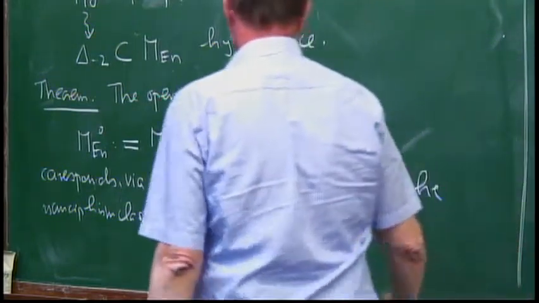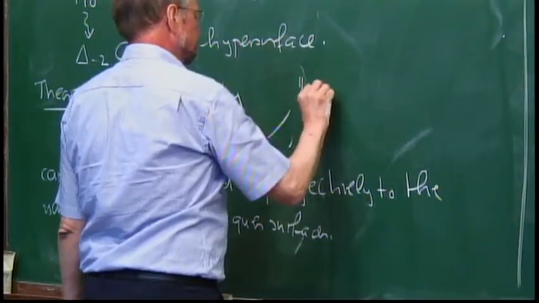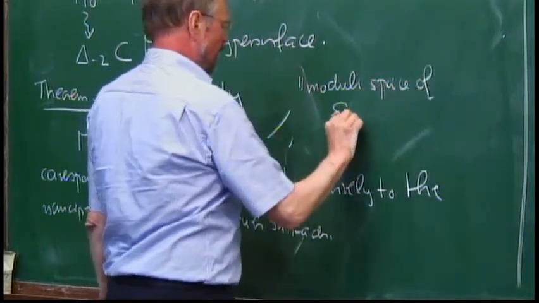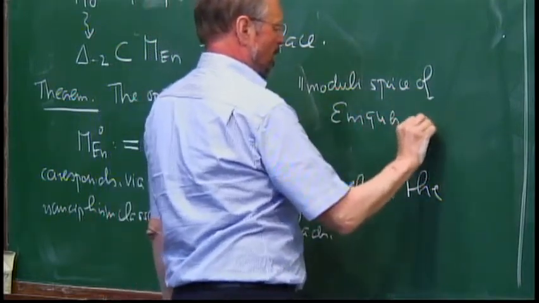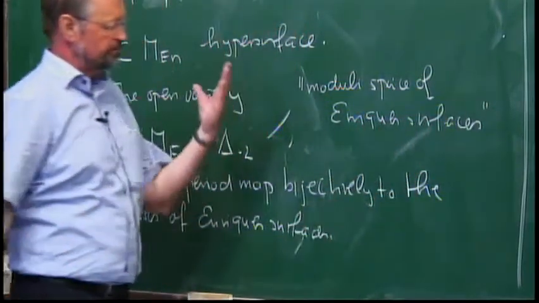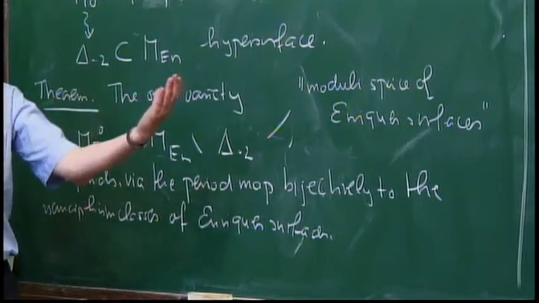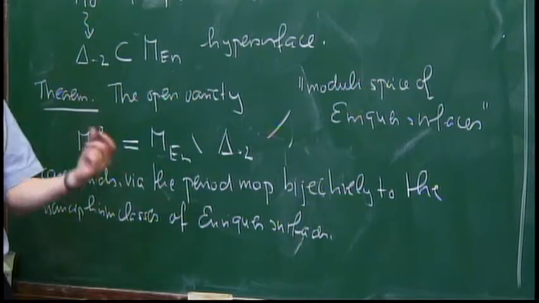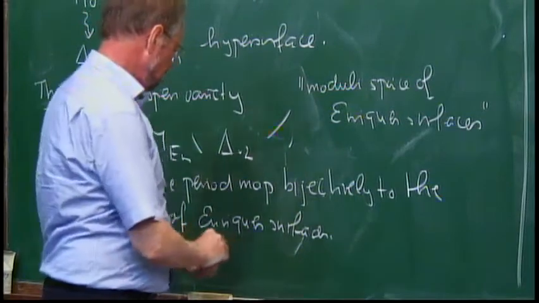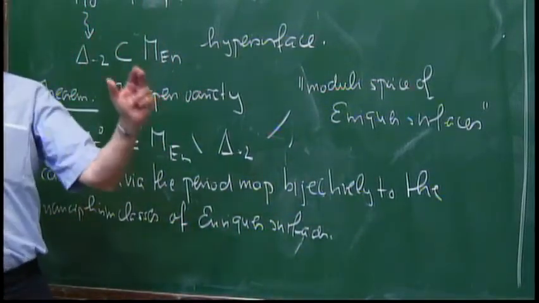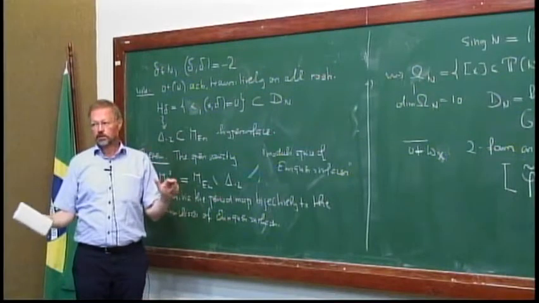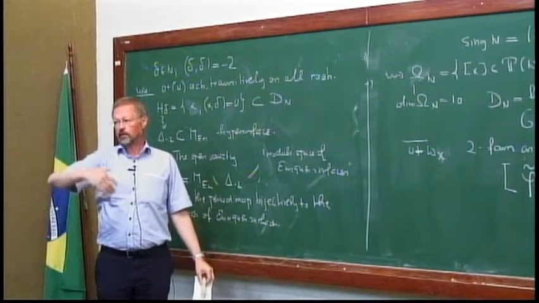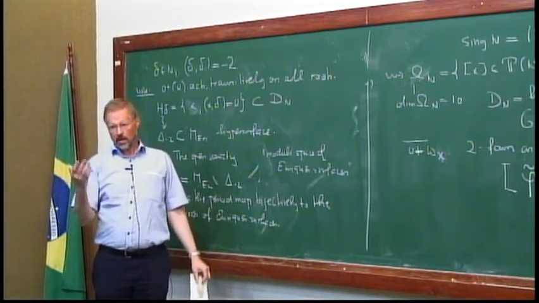So often this space here is referred to as the moduli space of Enriques surfaces. Now, this is perfectly justified in the sense that the period map defines a one-to-one correspondence of the points with the isomorphism classes. However, and that's a point I would like to stress, this is not a moduli space in the way we normally talk about moduli spaces in algebraic geometry. This is not something where you write down a functor and then say this functor is represented by a coarse moduli space.